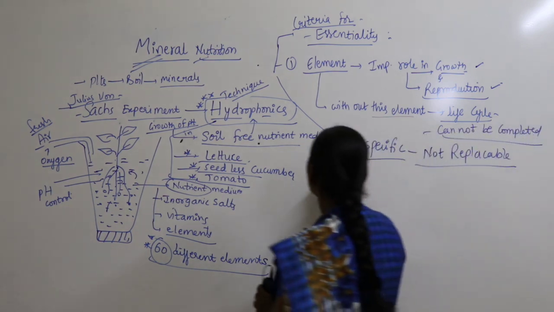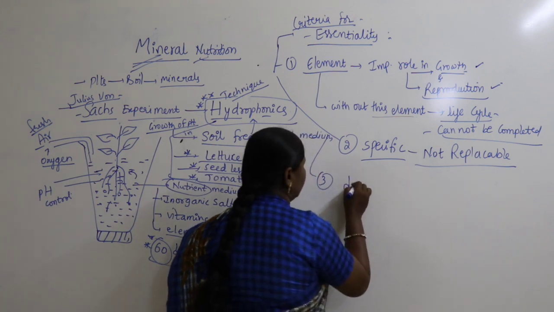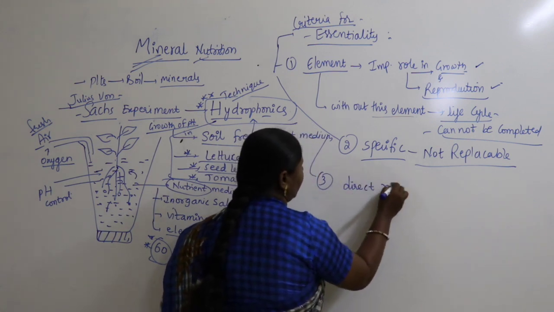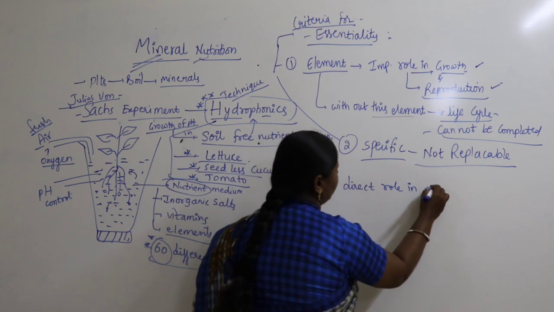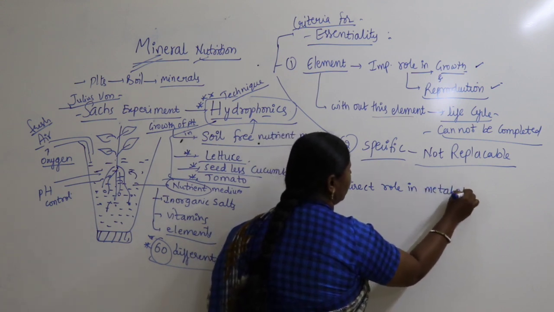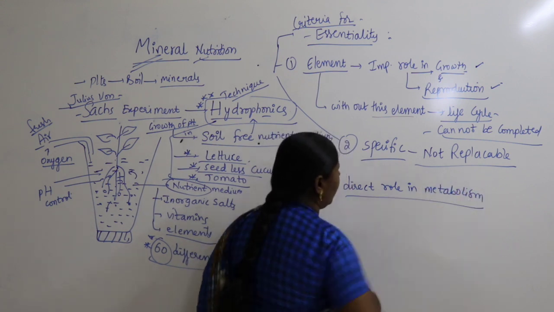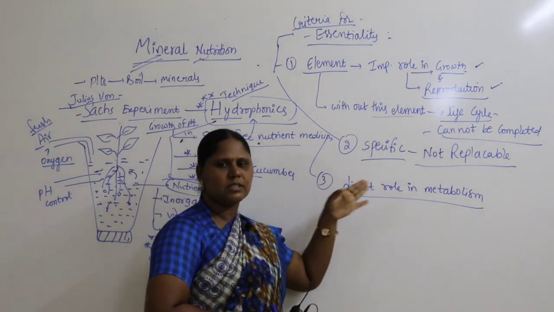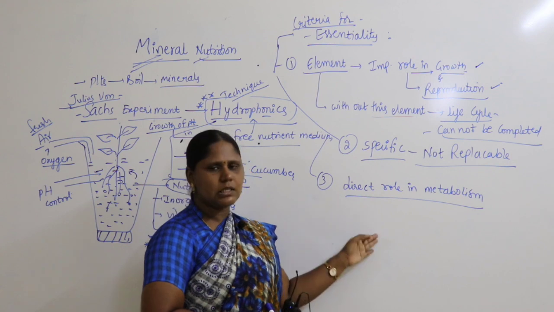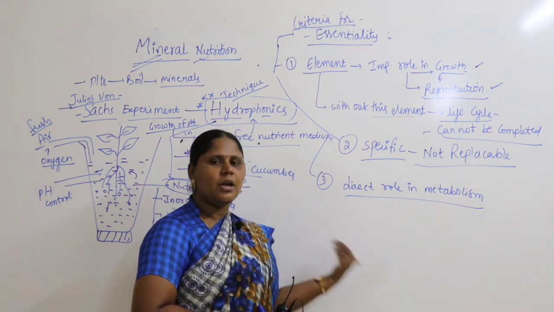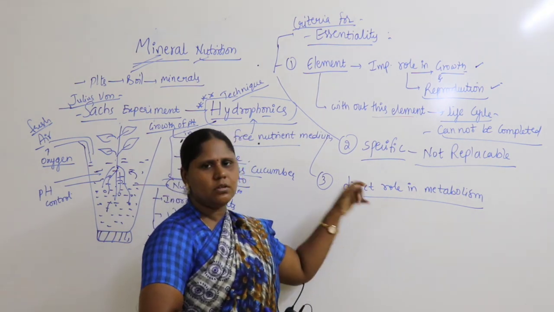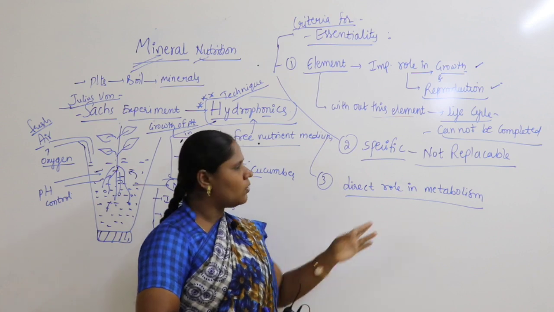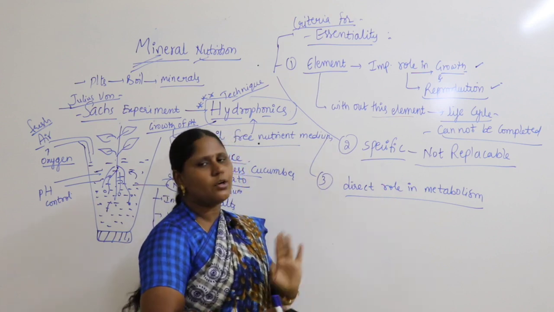Next, apart from this, it plays a direct role in metabolism. What is meant by metabolism? Major metabolic processes which happen in the plant are photosynthesis, respiration, transpiration, transportation and so on.